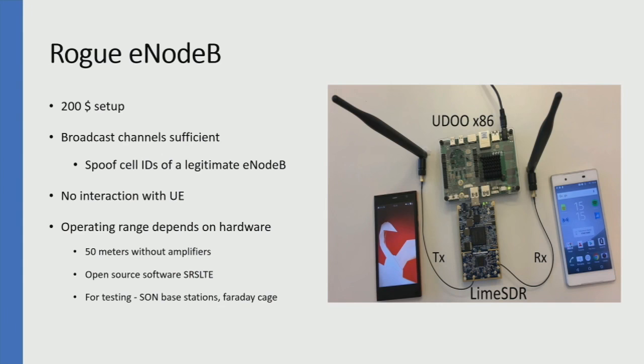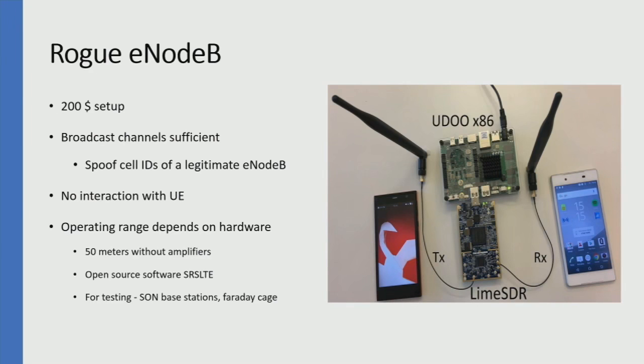And the other good thing is that you're not interacting with any UE. The rogue base station is not actually interacting with any phone. It's just broadcasting a certain type of standardized signal, and then the phones try to read the signal, generate rogue information, and forward it to the network. We tried this kind of setup within maybe 100 meters, and we used open source software, for example srsLTE.